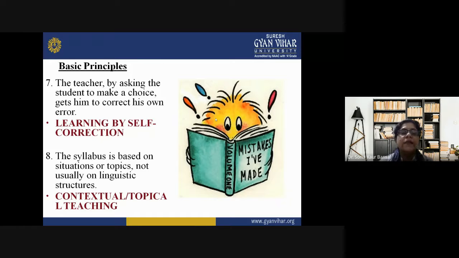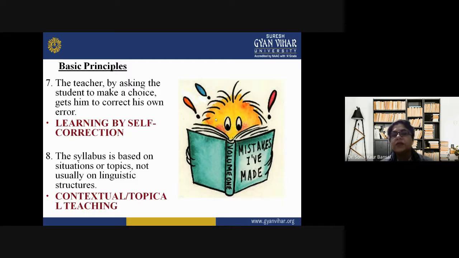All right. Now come to the eighth principle, that is, the syllabus is based on situations or topics, not usually on linguistic structures. Contextual topic teaching. So topical teaching, contextual teaching, this is actually not required in direct teaching.